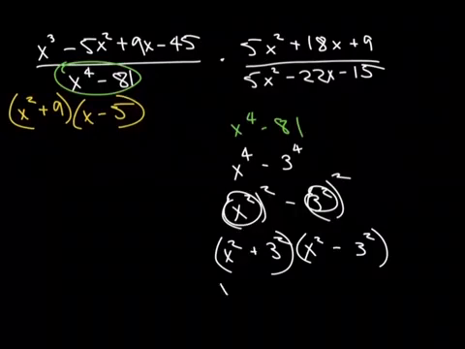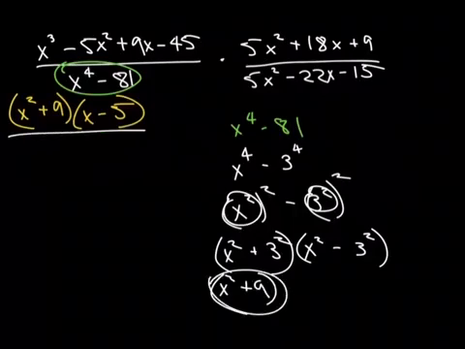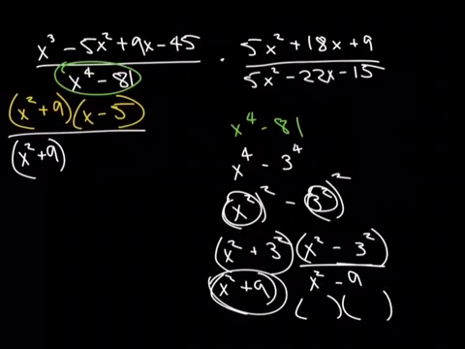So this is x squared plus 9, which I can't do anything about. That's simplified. So let's go ahead and put it up here. X squared plus 9. And then this x squared minus 3 squared is x squared minus 9, which is the difference of two squares. So let's take that and put up here.